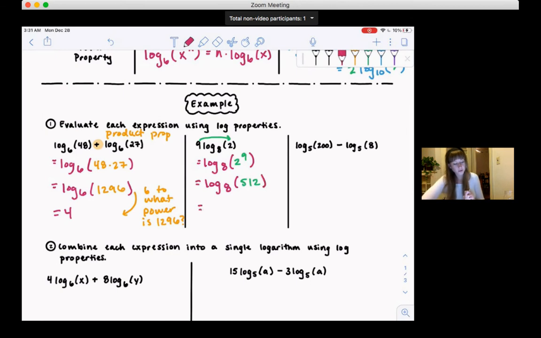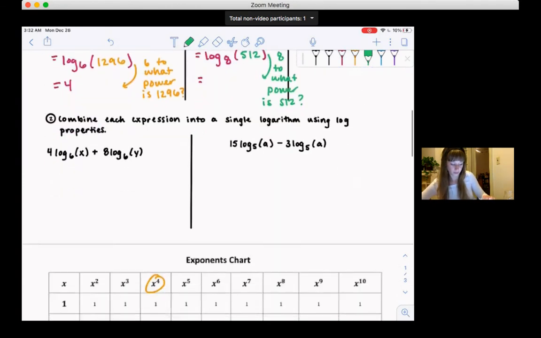And now we want to know, okay, what is log base 8 of 512? So we're going to ask ourselves, 8 to what power is 512? That's our logarithm question. So let's go to our exponent chart and see if we can find 512 as a power of 8.